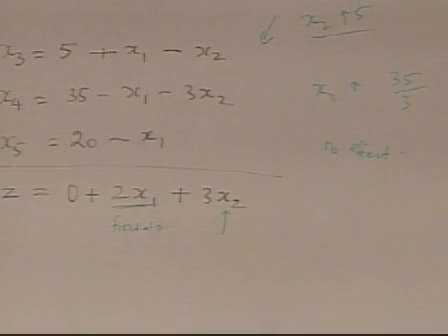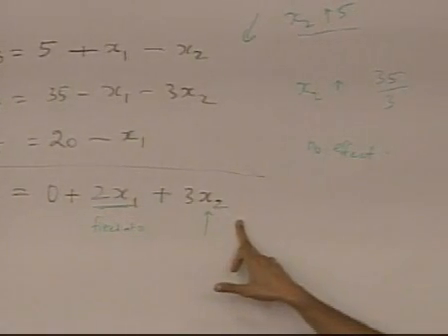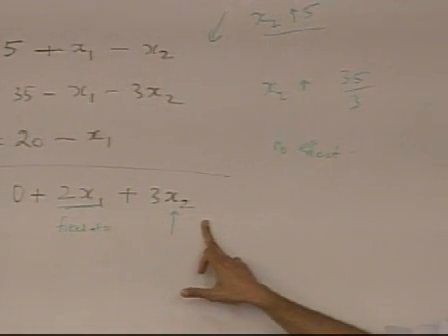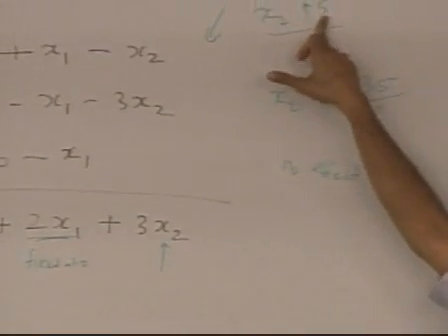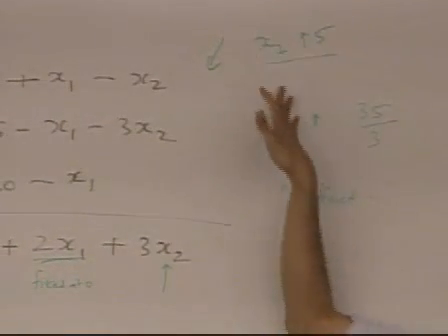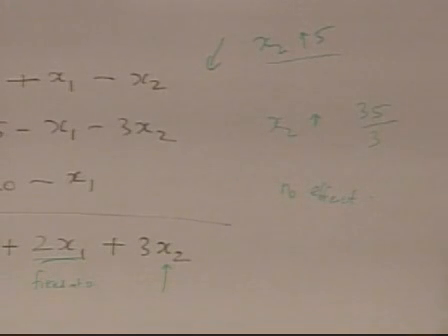Okay. So if we decide to increase x2, we can increase it up to 5. So any increase up to 5 is okay, but anything beyond 5 is not.